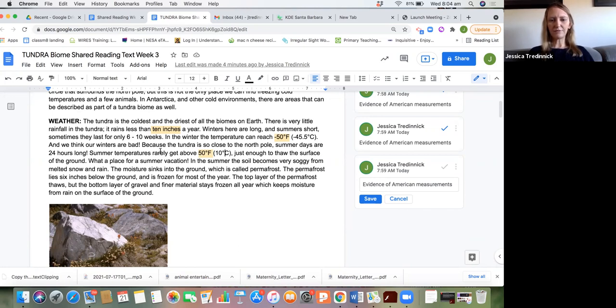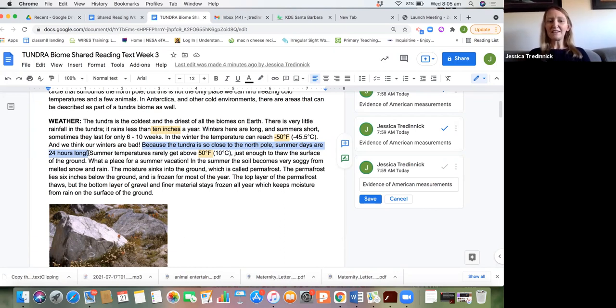Okay, we did make an inference as I was reading this the other day. So it says, because the tundra is so close to the North Pole, summer days are 24 hours long. So another way of saying this is, if summer days are 24 hours long, we know that a day and a night is 24 hours.